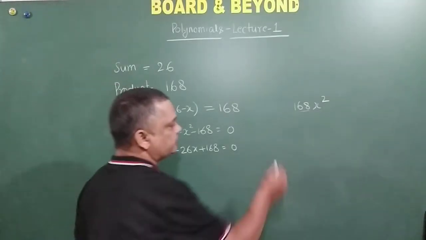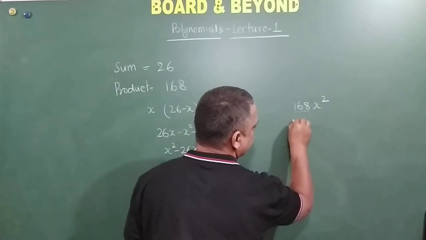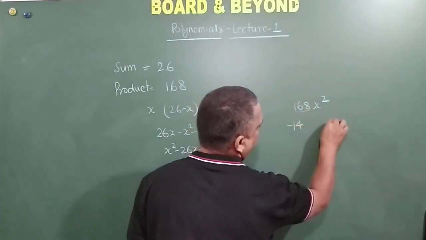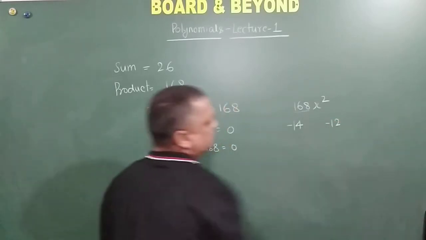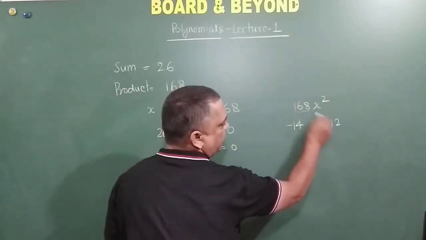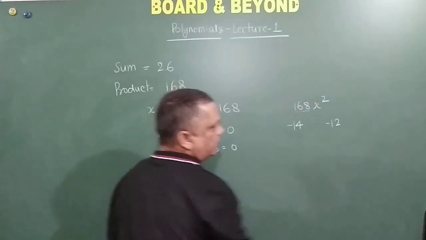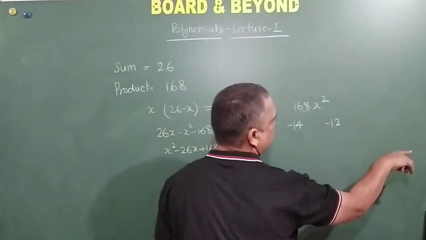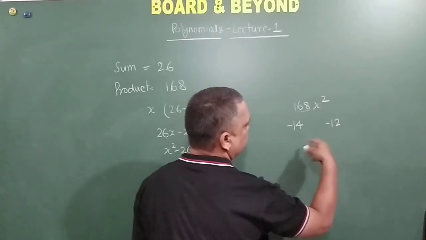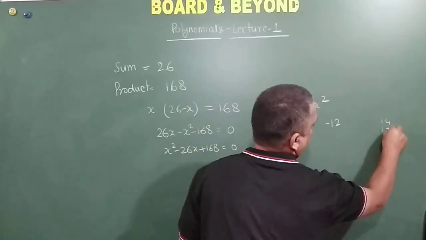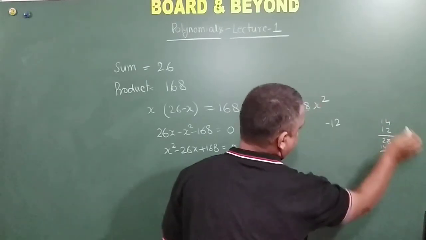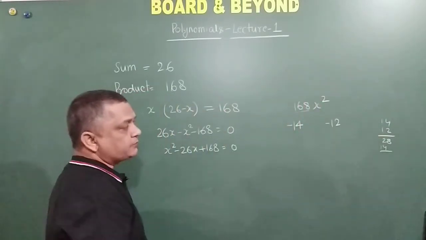Okay? So let's break it like this: minus 14 and minus 12. See, if I multiply the two, I get 168, right? 14 twos are 28, the remaining 2, 14 twelves are 168, right? Correct.